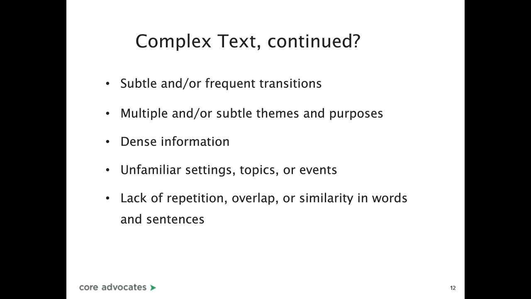And then anything that's unfamiliar or unusual settings, topics, or events will make text more complex because it takes pretty esoteric knowledge or less usual knowledge. And then if there is a lack of repetition or overlap, if somebody does not go back and review, if there's a lot of pronouns, for example, and not a lot of guidance, that makes text complex.